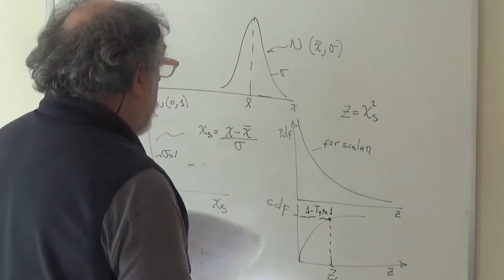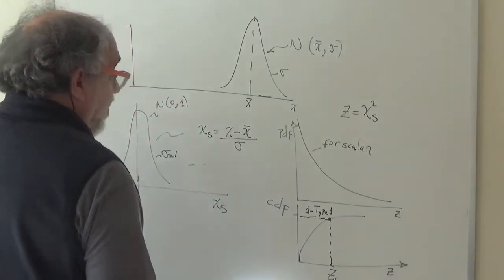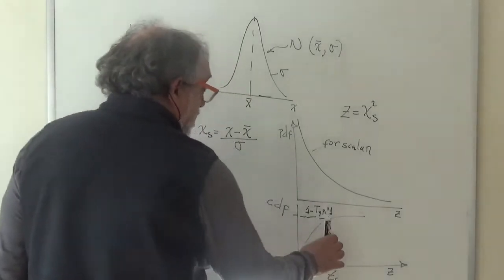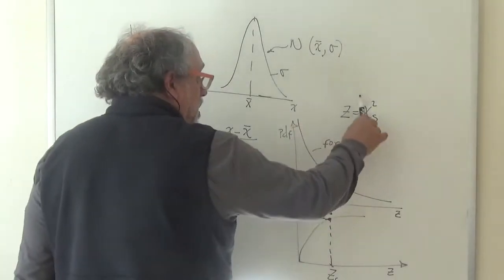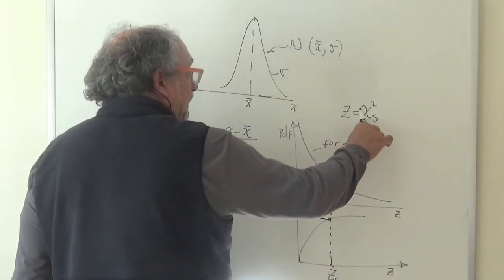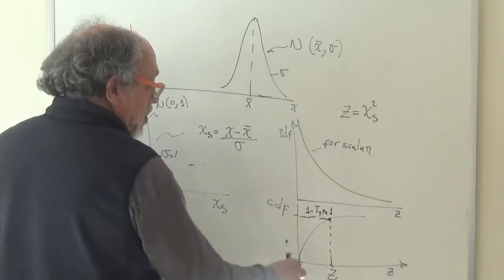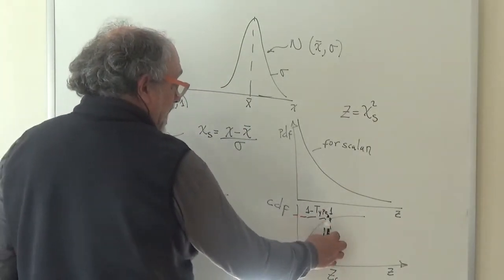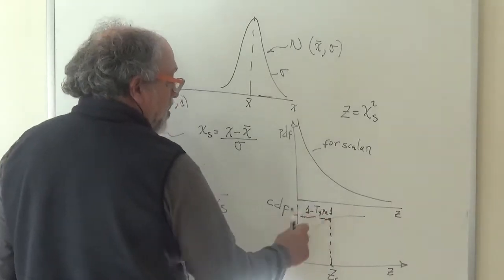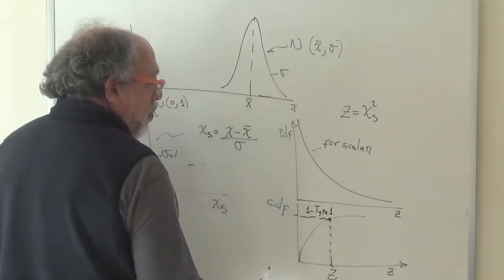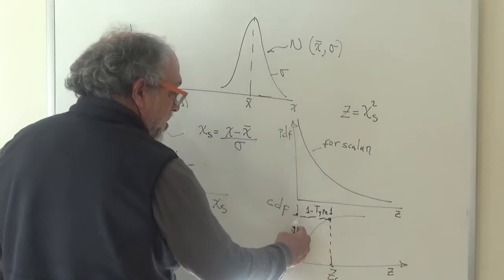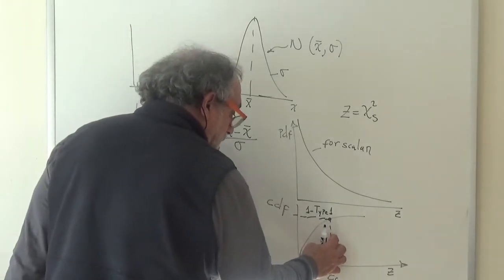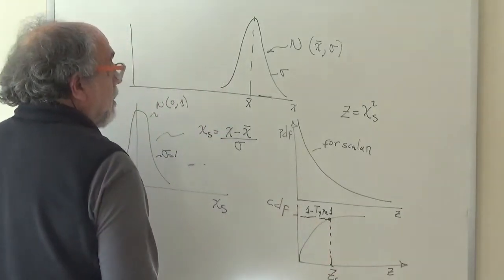Then what we're saying with that is that the probability that the square of the standardized variable is less than Z critical is 1 minus type 1. Let's say type 1 was 0.05, so there's a 95% chance that the square is less than this, right?